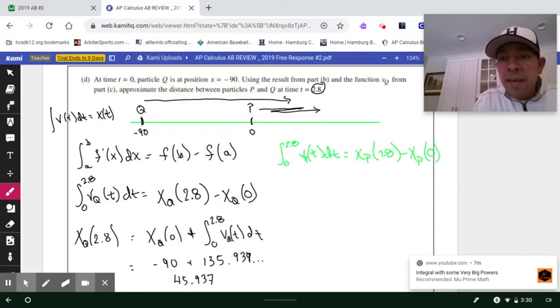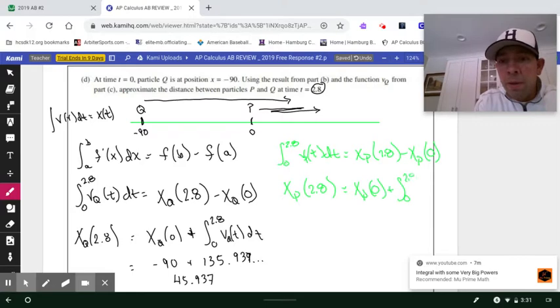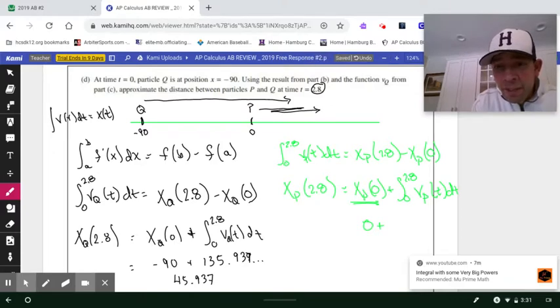Again, adding terms from one side to the other, we could say the position at 2.8 is really just the position at t equals 0 plus the displacement. I apologize, my handwriting is not the easiest to read here today, especially. Okay, now this value right here was 0 because he started at the origin. Now that displacement in this particular case was an approximation that we created from the trapezoidal sum that we did.